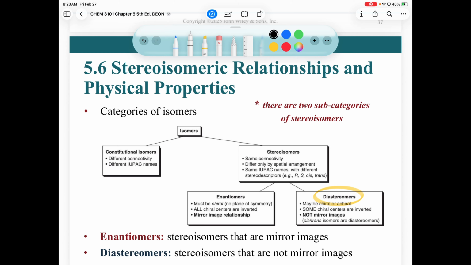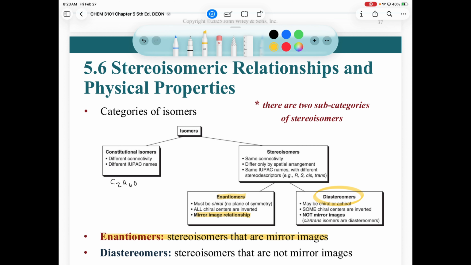The ubiquitous example is C2H6O, which could be ethanol or dimethyl ether. Then you and I started talking about stereoisomers, and we said, if you have two mirror images that are not superimposable, like the human hands, what do we call those? Enantiomers. Those are enantiomers, which are non-superimposable mirror images.